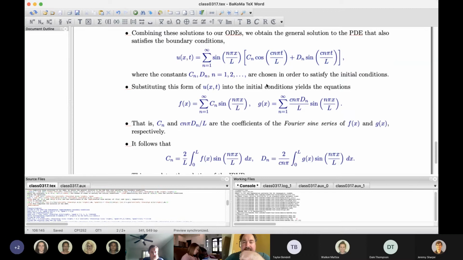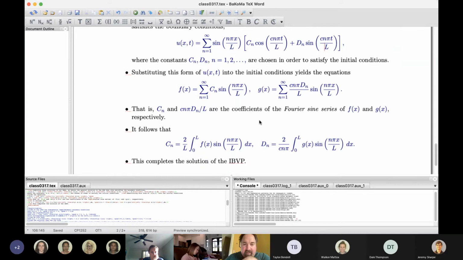The only thing left for you to do is get the coefficients Cn and Dn from your initial data. And that's for these boundary conditions. I can't emphasize that enough. The solution will have a different form if the boundary conditions change, and I will show you an example of that right now. But first, does anyone have any questions up to this point?